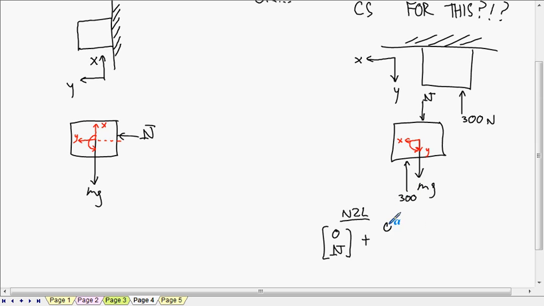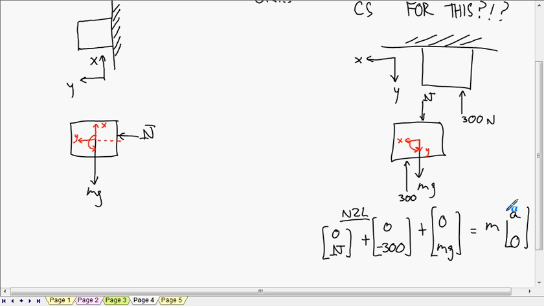So you get 0, negative 300 plus 0, mg is equal to the mass times a0.